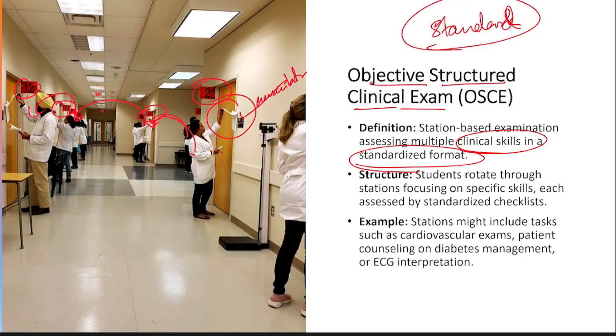Students rotate through the stations, focusing on the specific skills they have been asked to demonstrate, and a standardized checklist will be there, like sanitizing, asking consent, and, for abdominal examination, checking the privacy of the patient, asking for consent, then asking the patient to flex their knees.